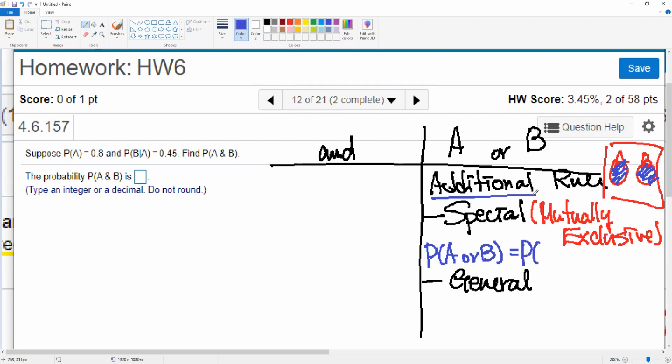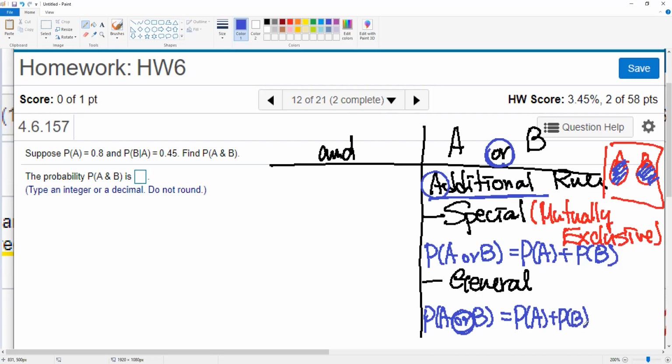It is the addition rule: probability of A plus probability of B. But in the general case, the probability of A or B, absolutely, it is "or," we have to apply the addition rule, but generally it's not only adding the two probabilities; we subtract in the middle the common area, which is the probability of A and B. So it was the general one, a multiplication rule.